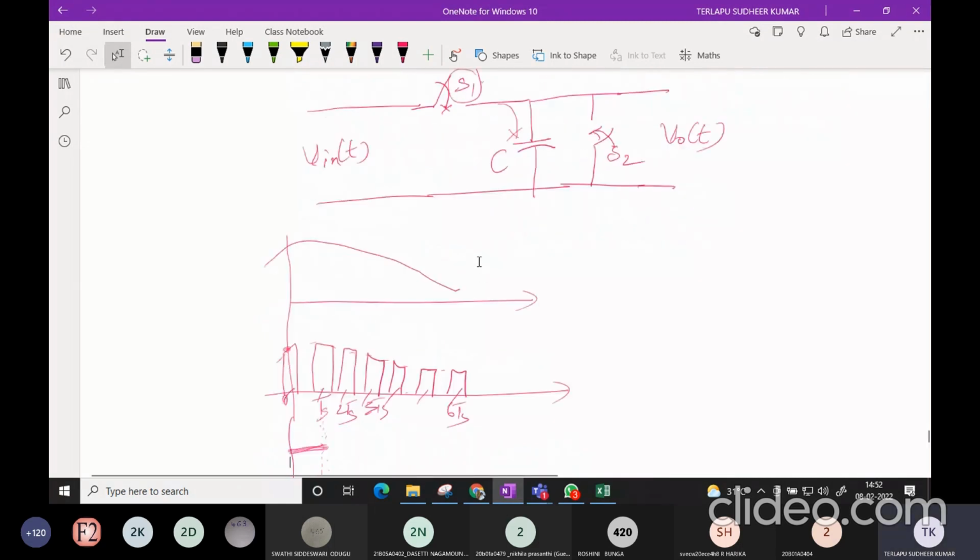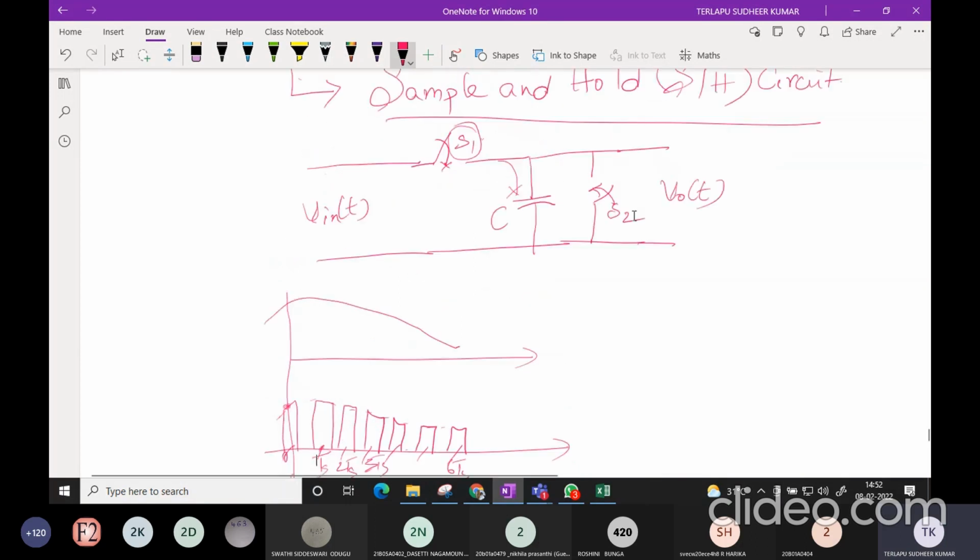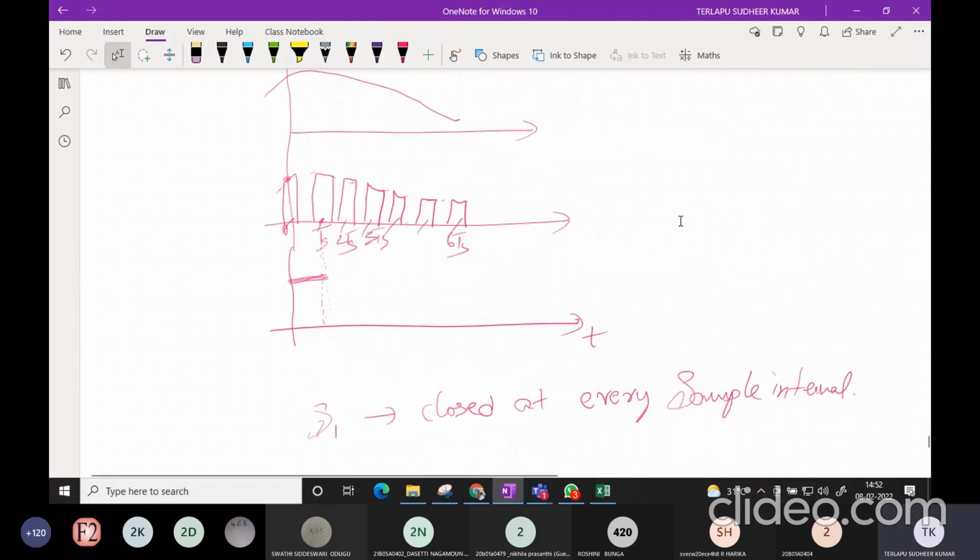Now, at the beginning of the next sample time, my switch S2 is closed such that the output of the capacitor will be discharged to 0.